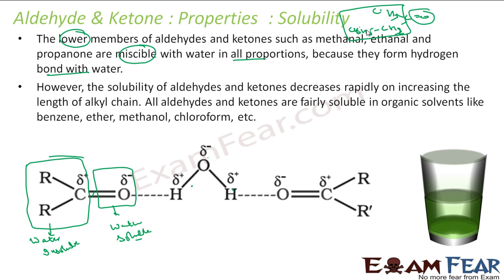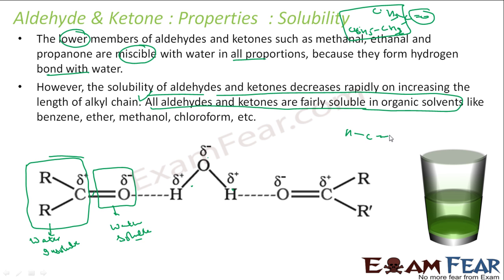And please note that this is one part, this is another part. All the aldehydes and ketones are soluble in organic solvent. Why is this so? Because any aldehyde and ketone will have this part. This is always a bigger part, right? Even the smaller ones have this part. This part is anyway organic solvent soluble.